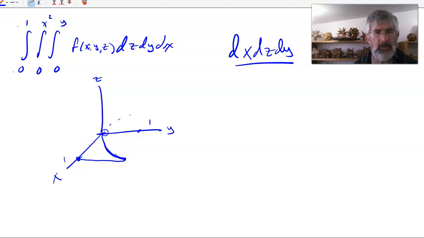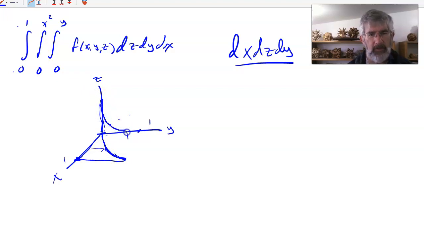So with x between 0 and 1, and y between 0 and that curve, y equals x squared, that's the region we want for y. Now, notice that y equals x squared is not just that curve, because there's a z involved here, although z is not involved in that equation. So it's actually a cylinder.